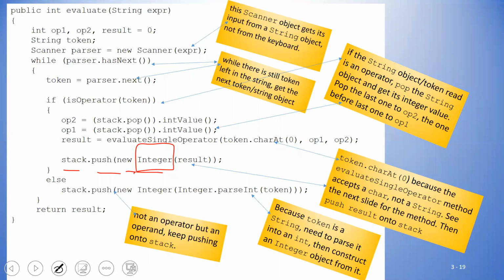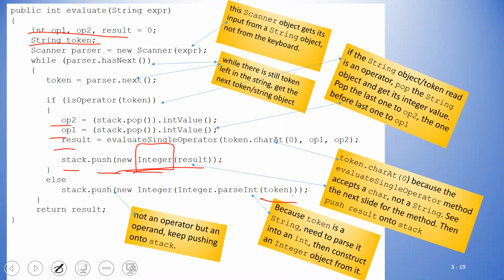So result is an int. Notice these are all int, okay? So you need to make it into an Integer and then push it onto the stack. New, make it an Integer and push, okay? And here, this is token, right? What is token? Token is a string.